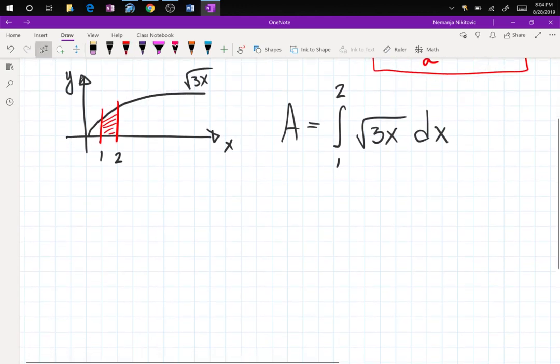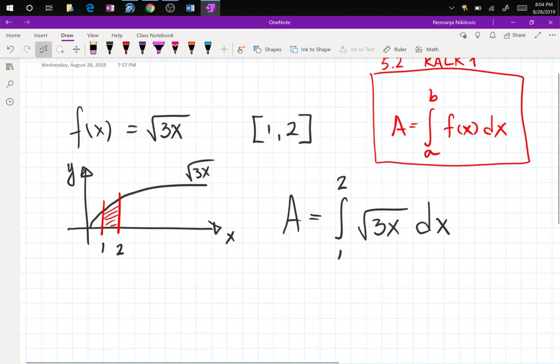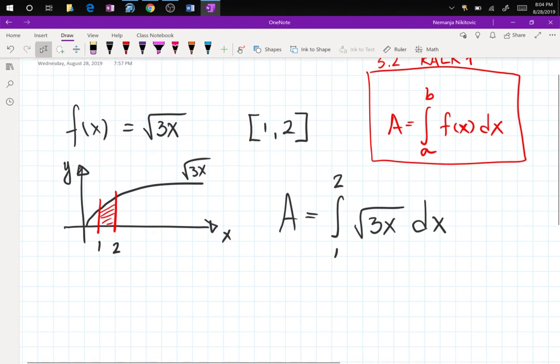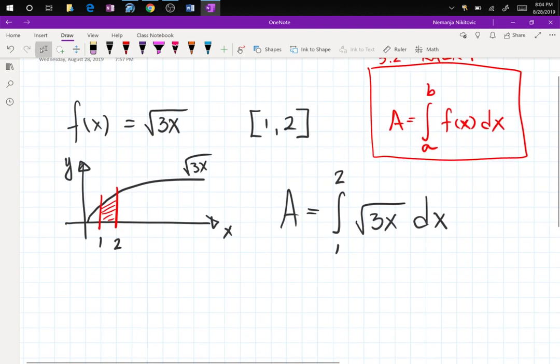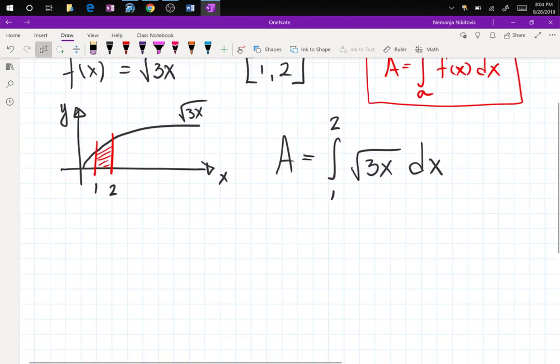So now, once we know that area is simply obtained by integrating the function between two x values a and b, we can set up our integral. Now I need to integrate this. The integral of square root of 3x is not a basic function.